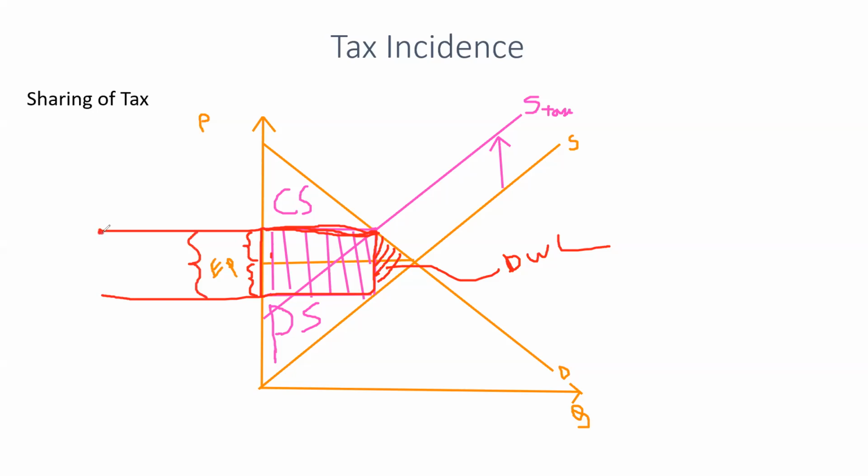This is the amount that the consumers are paying, but this is the amount that the producer is able to keep. Everything in the middle is your tax, and that contribution of the tax by consumers is this bit, and the one by producers is this bit. So once again, you can replay the diagram and see how the tax incidence affects consumer surplus and producer surplus both.